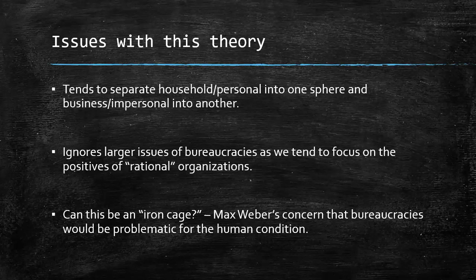Especially in a world where we are all constantly talking about work-life balance, it's because they do all get mixed in. The other big issue is that it tends to focus on the positives of rational organizations, and there are definitely a lot of irrational behaviors that happen within larger bureaucracies. Largely that's because a lot of times we're following rules that those organizations set up that don't necessarily make sense.